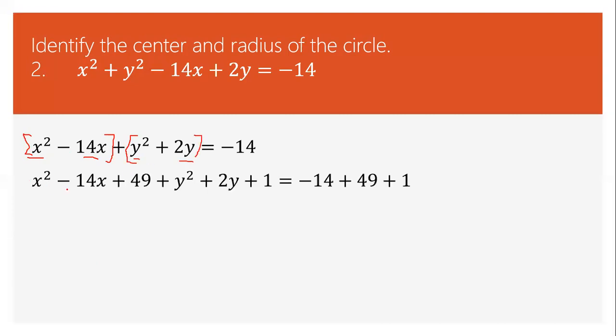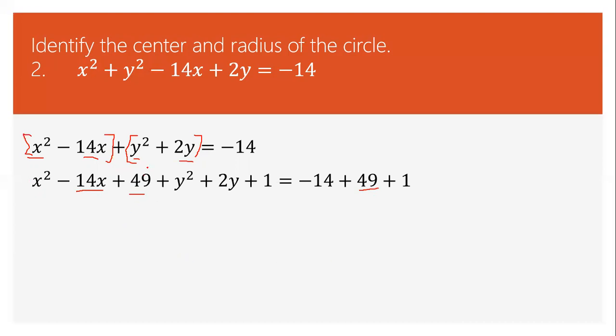So x squared minus 14x. Divide the coefficient of x, which is 14, by 2 and then multiply by itself. So 14 divided by 2 is 7, and 7 times 7 is 49. So we add 49 here at the left and also at the right side of the equation.